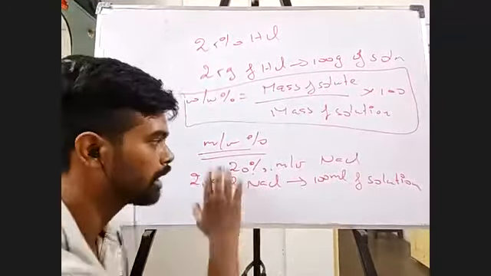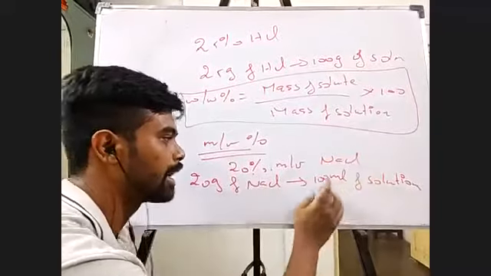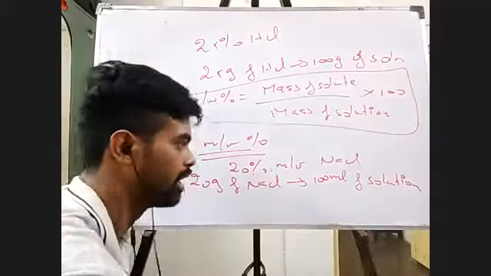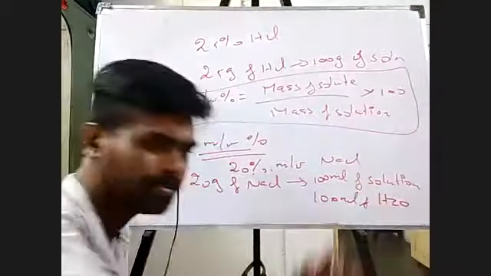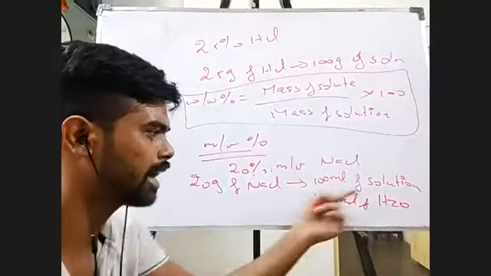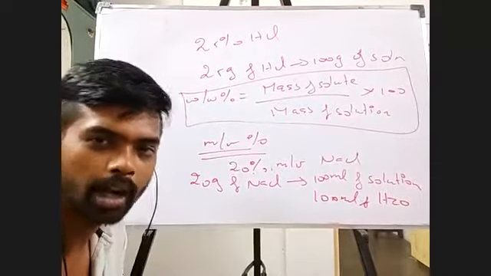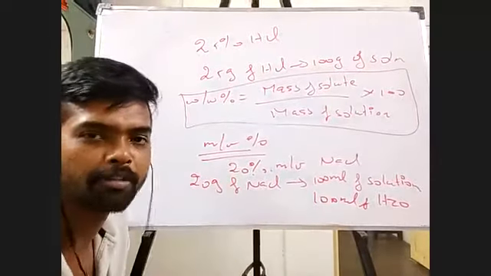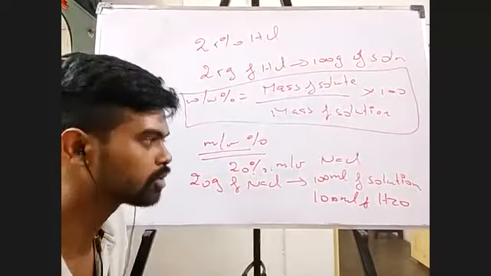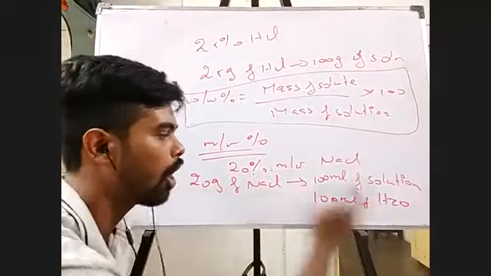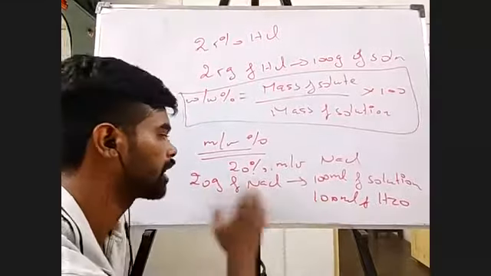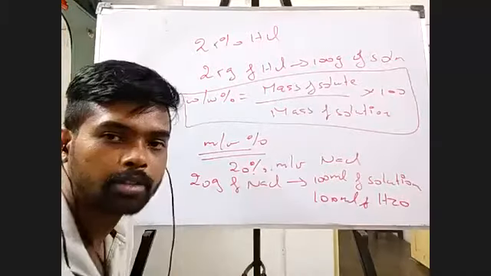So instead of telling 100 ml of solution, I can even say 100 ml of water directly, because NaCl has no role to play in volume. It is a solid, I can speak only in terms of mass. So either you say 20 grams of NaCl dissolved in 100 ml of solution, or 20 grams of NaCl dissolved in 100 ml of water.